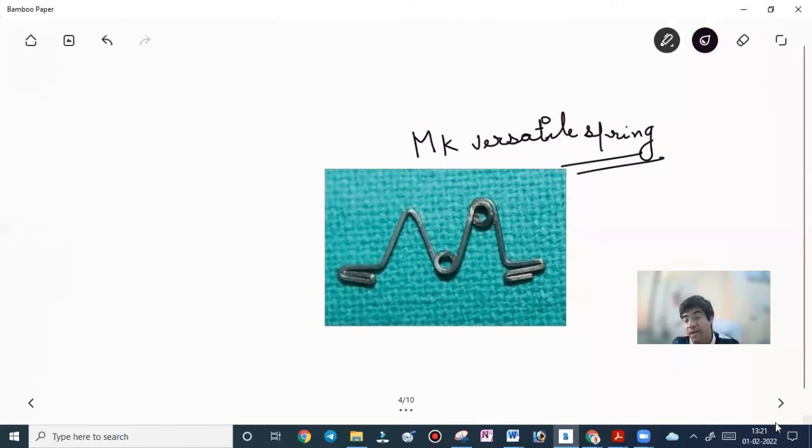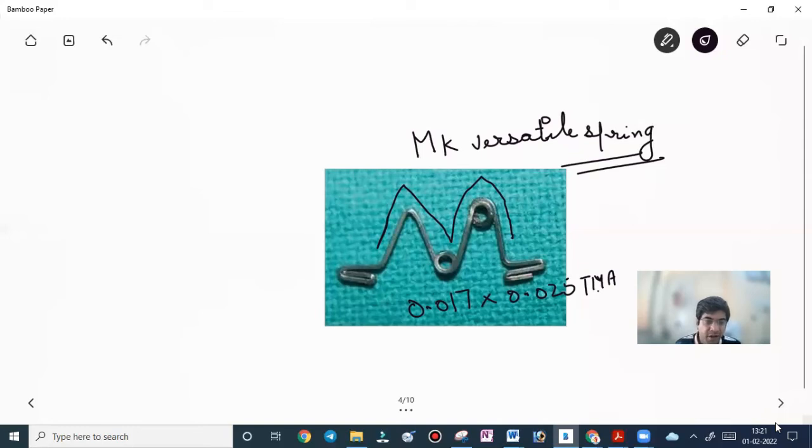To overcome this disadvantage, we use the MK versatile spring. It is made up of 0.017 to 0.025 TMA spring in an M-shape pattern.